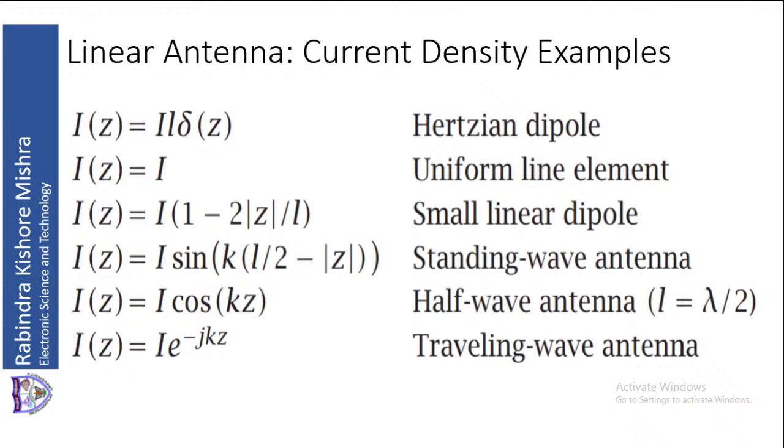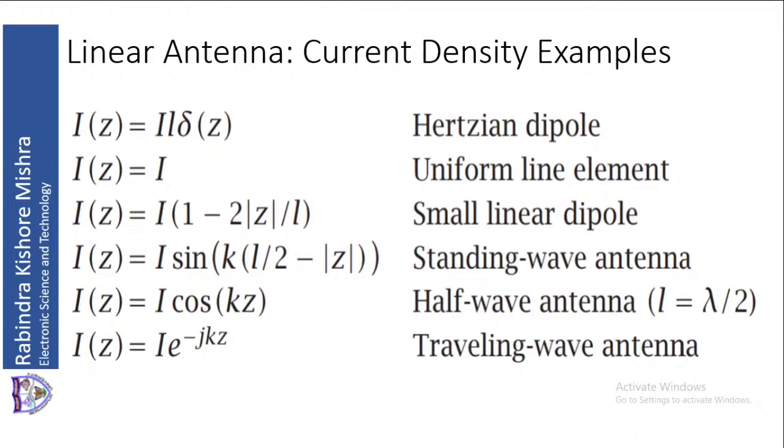The Hertzian dipole is actually a uniform line element, and a small linear dipole example does not satisfy the Helmholtz equation. This Hertzian dipole is a very small antenna. It does not satisfy the Helmholtz equation. Similarly, Iz is equal to I throughout the wire, throughout the antenna, the current is I except at its end.